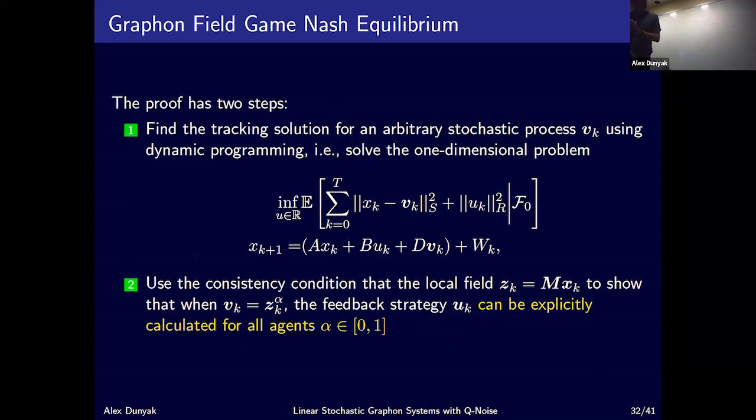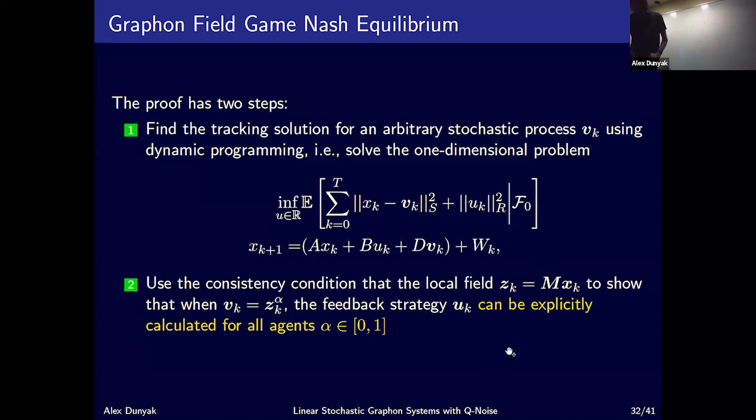So this proof has 2 steps. The first is we assume that we have some arbitrary stochastic process V that we're trying to track, and we find the solution using dynamic programming. And this turns it from an infinite dimensional problem over all players at all times to a one-dimensional dynamic programming problem.